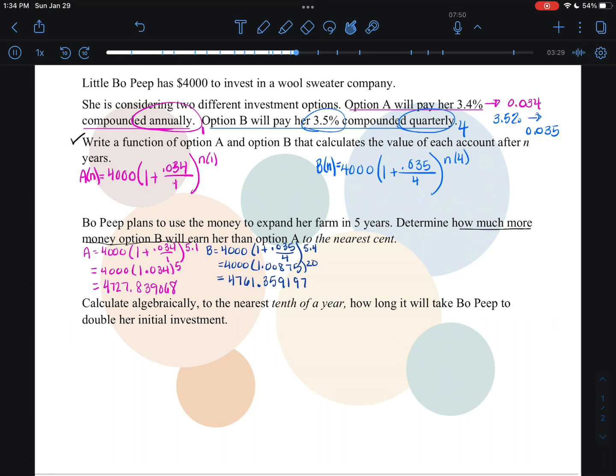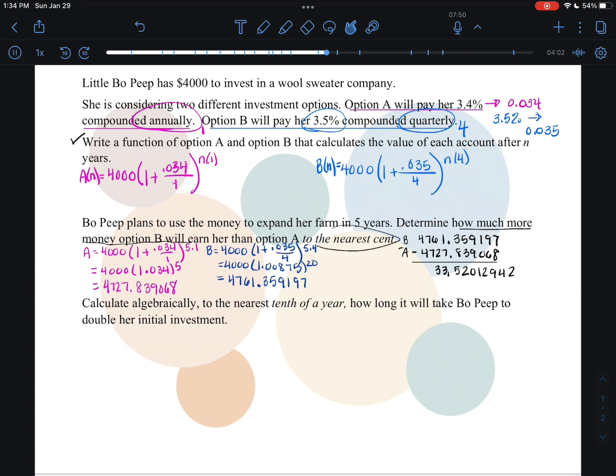Part B of the question was asking me how much more money option B is going to earn than option A, which means that I'm going to need to subtract the one from the other. So subtracting, doing B minus A, I get $4,761.35.9197 minus $4,727.839068, which gives me $33.52012942.